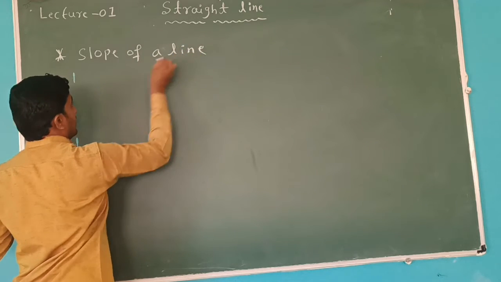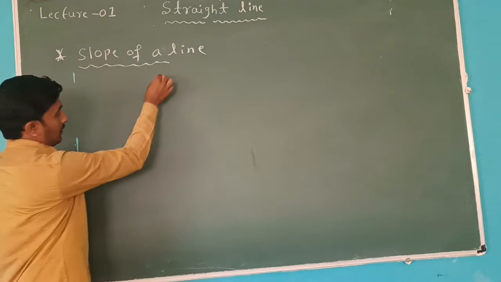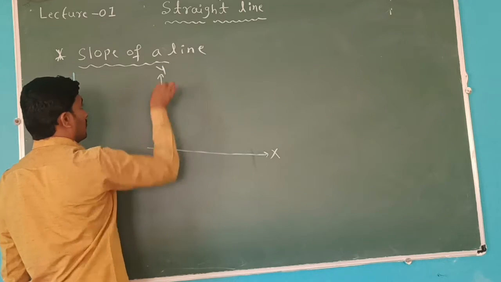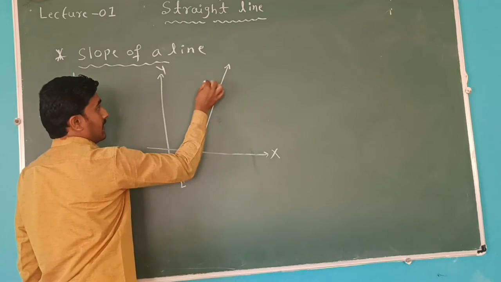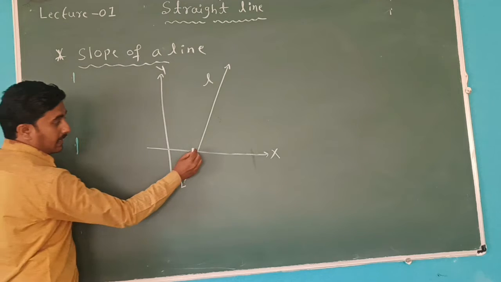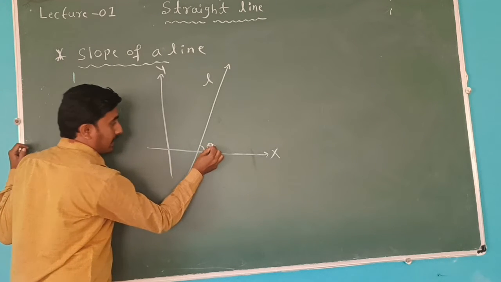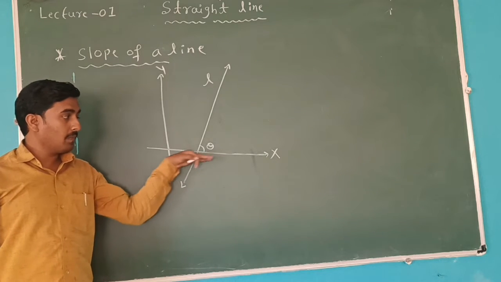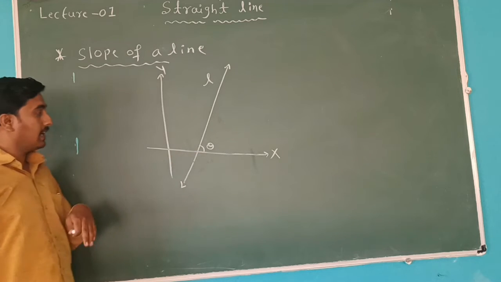Suppose this is the x-axis and this is the y-axis, and suppose this is the line L. This line L is making an angle theta with the positive direction of the x-axis. What is theta here?